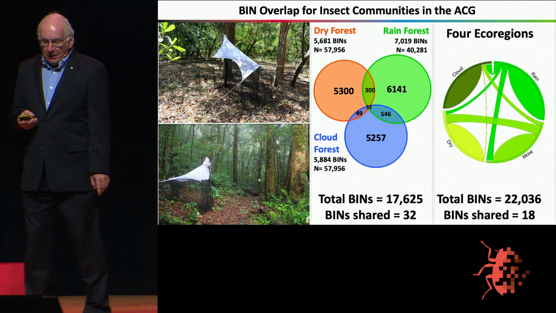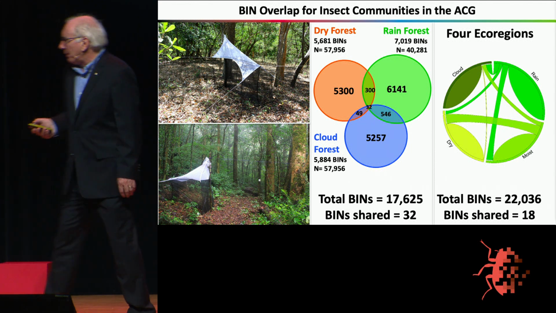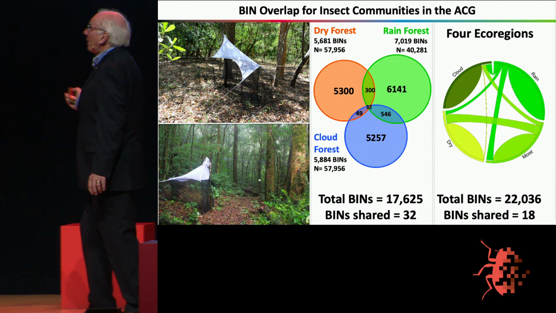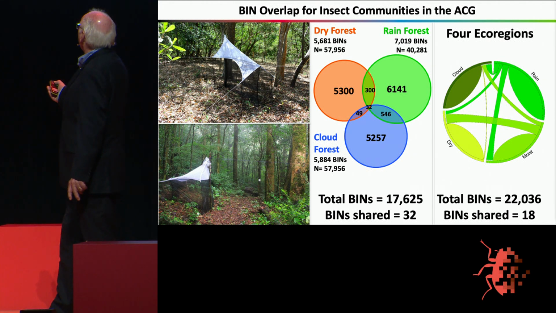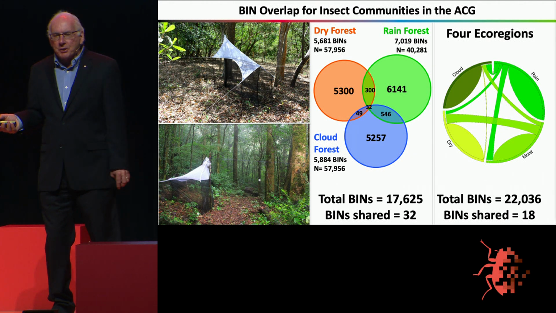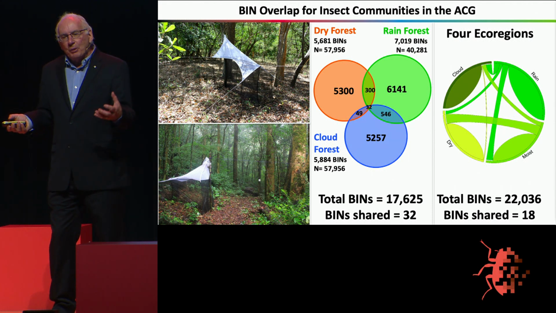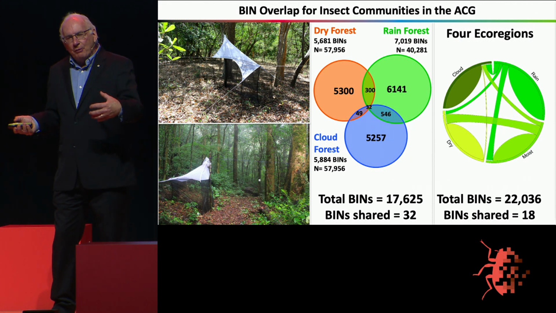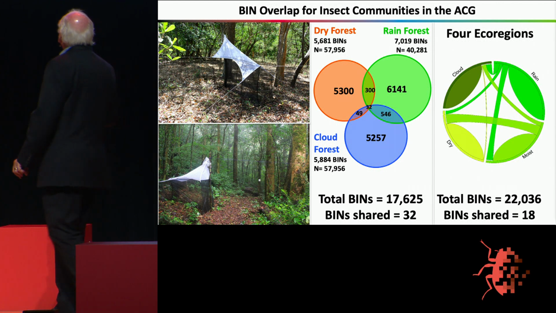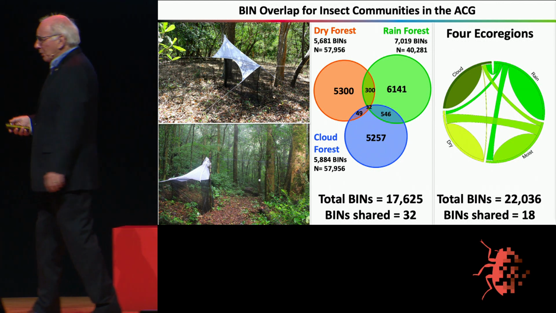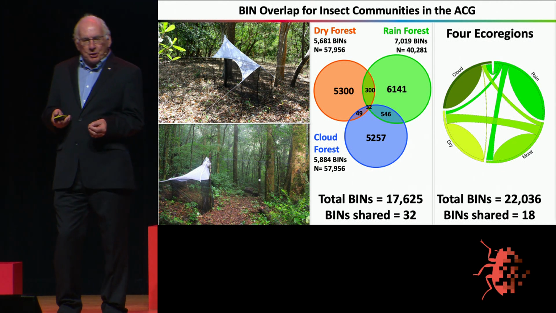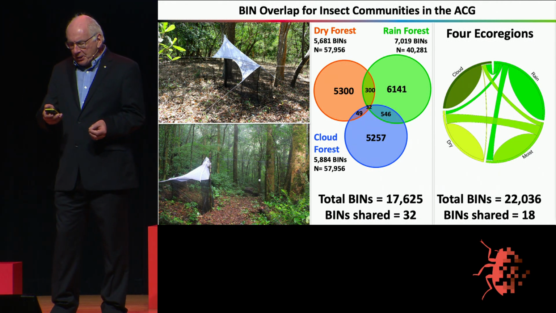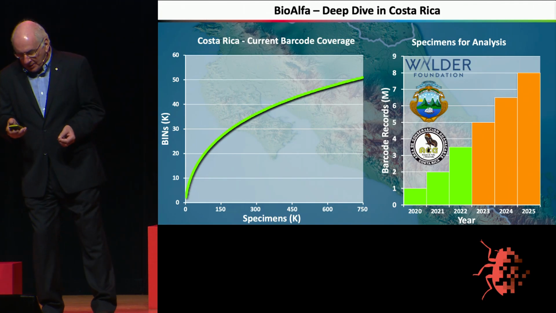The thing that surprised me as someone who plays in the temperate zone mainly is just the lack of overlap between these ecoregions. There are exactly 32 out of the 17,000 bins that we collected in dry forest, rainforest, and cloud forest, and even less when we took the 4 ecoregions. So immense diversity in Costa Rica. We're hoping to wrestle it to the ground over the next few years.